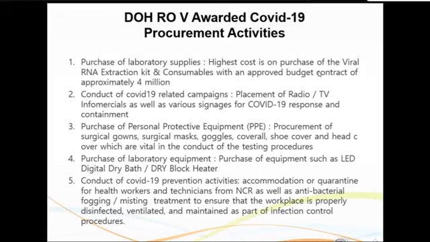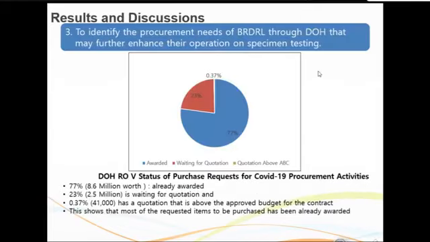For purchase of personal protective equipment, it is the procurement of surgical gowns, masks, goggles, and the like. For purchase of laboratory equipment, it is equipment such as LED digital dry bath or dry block heater. And the conduct of COVID-19 prevention activities involves the accommodation or quarantine for health workers and technicians from NCR, as well as antibacterial fogging or misting treatment.